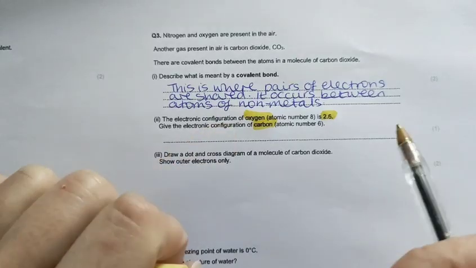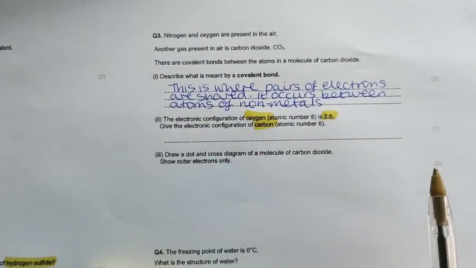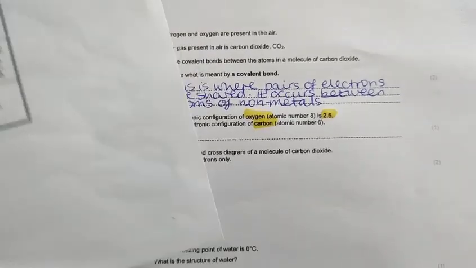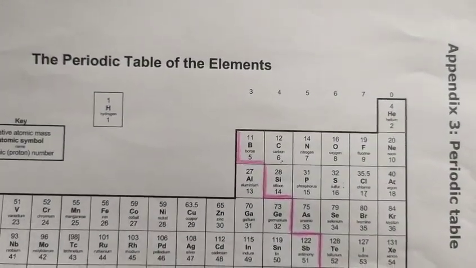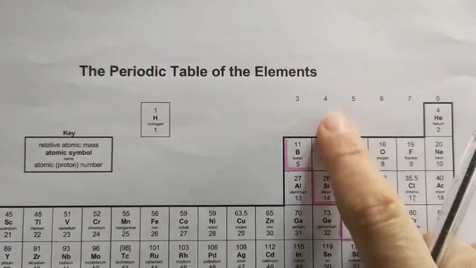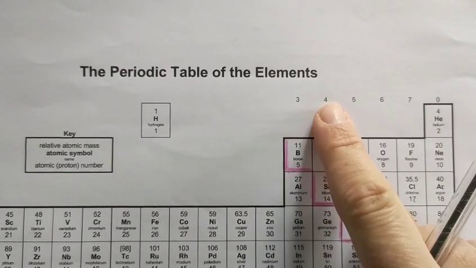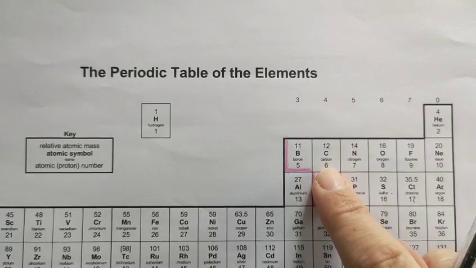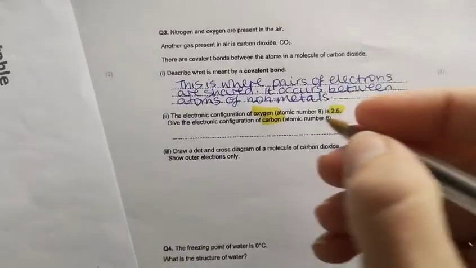So the numbers have to add up to 6 in total. I'm going to get my trusty periodic table out. So we're looking for carbon. Now, carbon is in group 4, so therefore it's got 4 electrons in the outer shell, so 4 must be the last one.